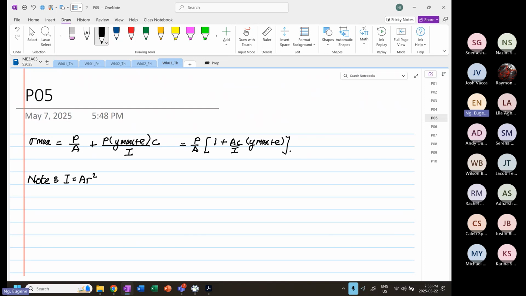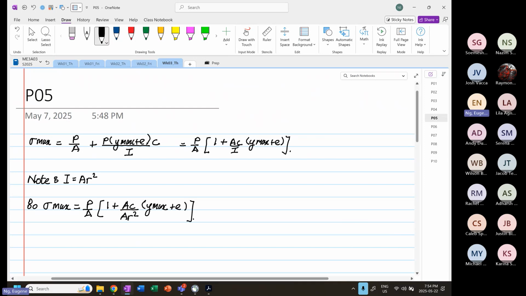Therefore, stress max will be equal to P over A, 1 plus A C over A R squared, and then we have Y max plus E. And now we have the expression.